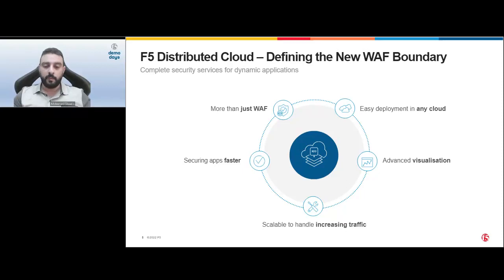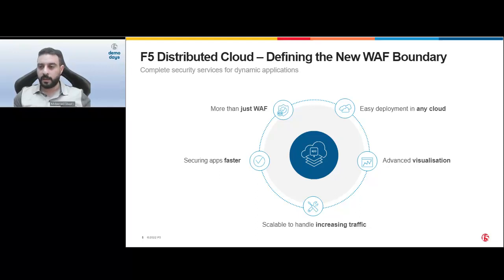applications. From one console, you can deploy your WAF policy and have visibility across any cloud environment. It is also scalable to handle increasing traffic, because as you see in this demo, we are going to use F5 regional edge nodes to protect the applications.